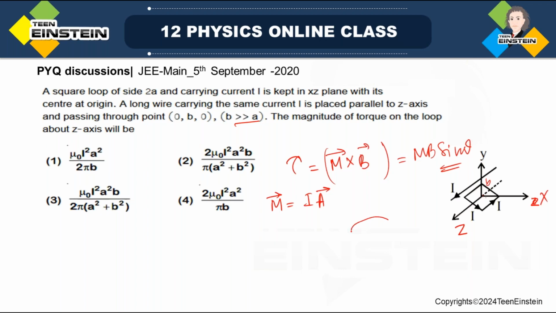Suppose this is a circular loop in the horizontal plane, and the current is flowing like this. Then you can use the thumb rule, the right hand grip rule for the loop, to find the magnetic moment, which is also written as mu.